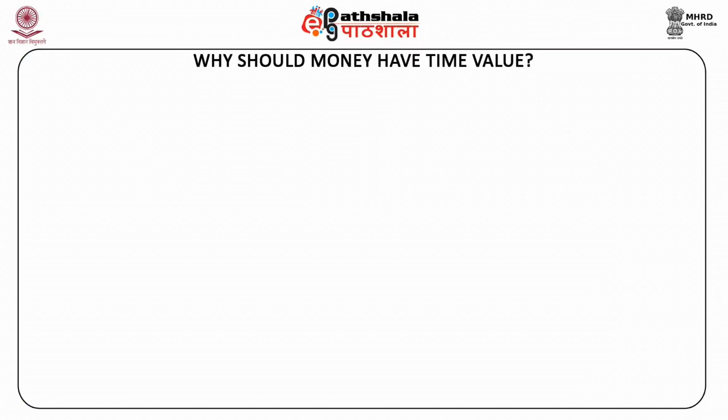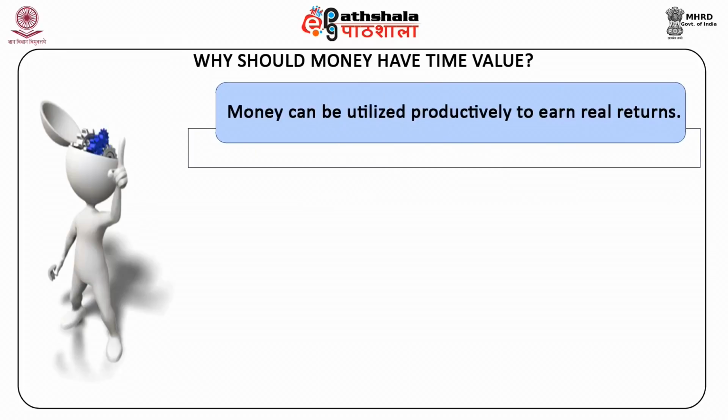Now we will discuss why should money have time value. Following are the reasons for this phenomena. Money can be utilized productively to earn real returns. For example, investment of rupees 1,000 in raw materials resulted into the finished goods worth rupees 1,100, where the investment of rupees 1,000 has earned a rate of return of 10%.